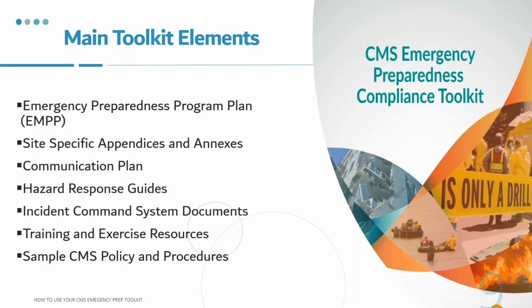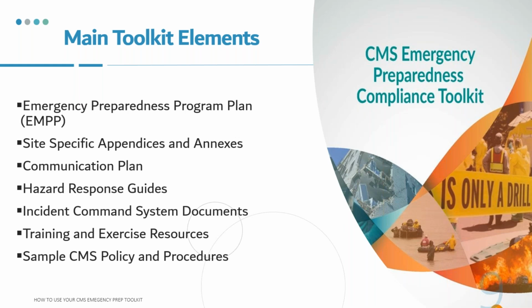Site-specific annexes and appendices, that's in section 3. Communication plan is in section 4. Hazard response guides, which tell you how to respond to specific hazards, are in section 5. Incident command system documents are really throughout training, which is 6 and 7, but also they're in section 3. Training and exercise resources, again, in section 6 and 7, and sample policies and procedures are actually in section 9.